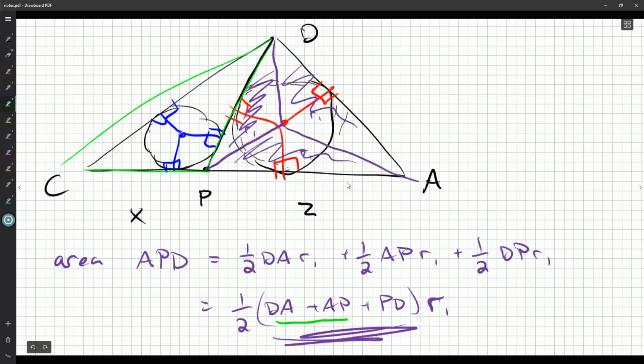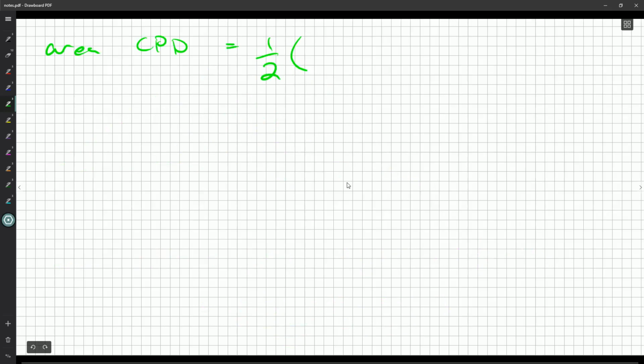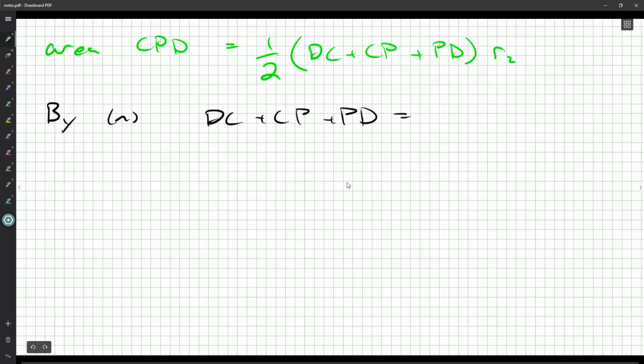So let's say area of CPD is going to be 1/2, we don't have to do the whole explanation again, we can just say 1/2 the perimeter, so DC plus CP plus PD, times R2. Great. Well, we could say by part A, DC plus CP plus PD, put these guys in brackets, is the same as DA plus AP plus PD.